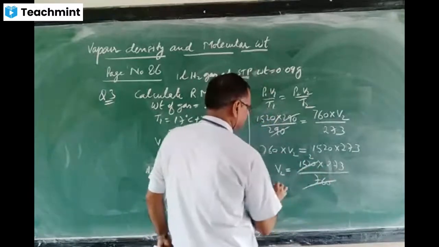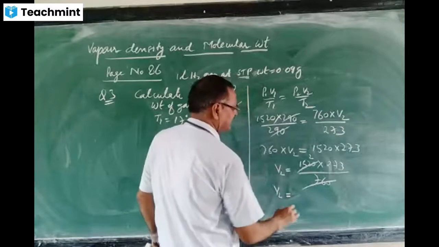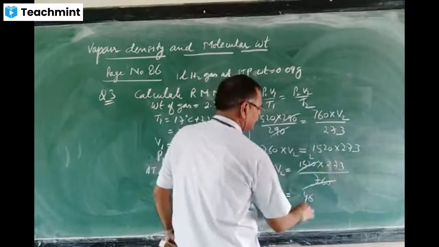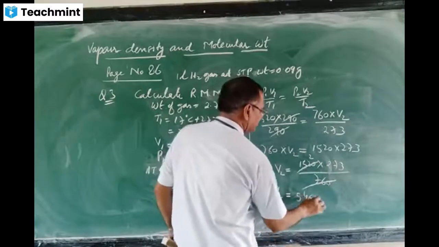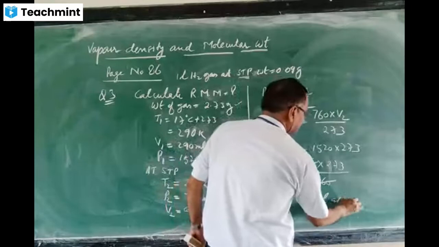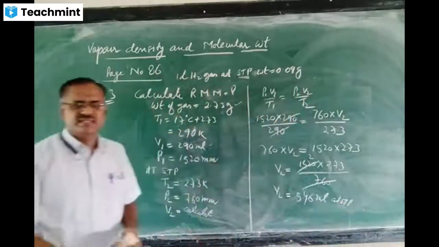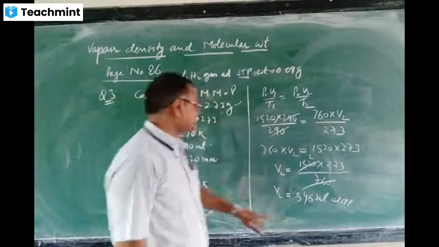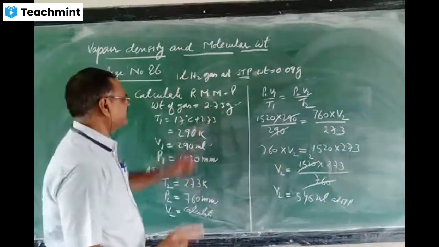This is twice, so V2 you are getting 546 ml. This is at STP. So this volume you are getting at STP and the weight is this one.